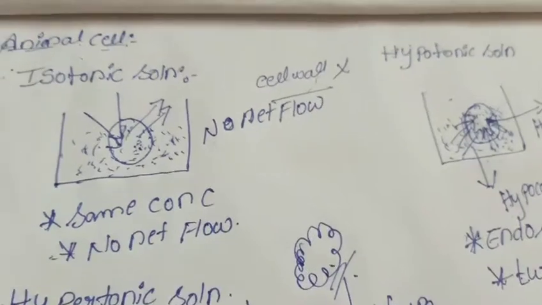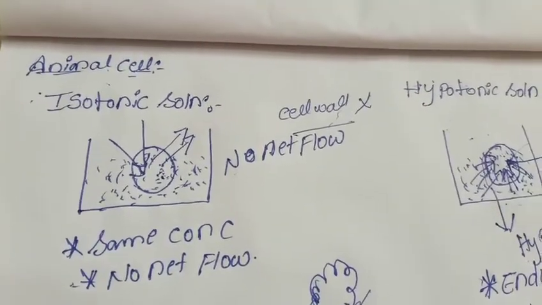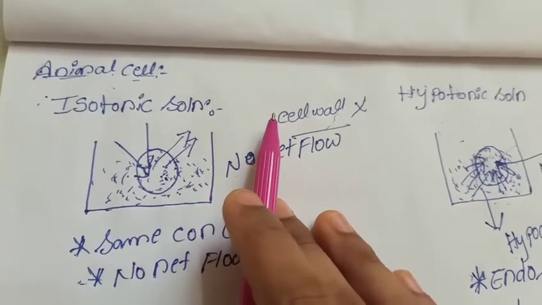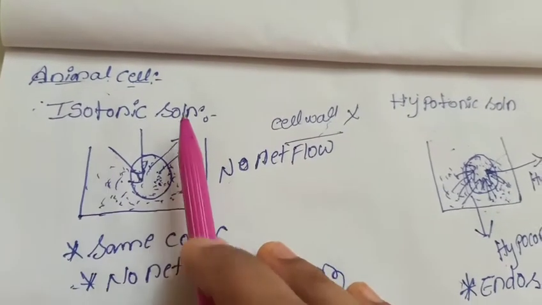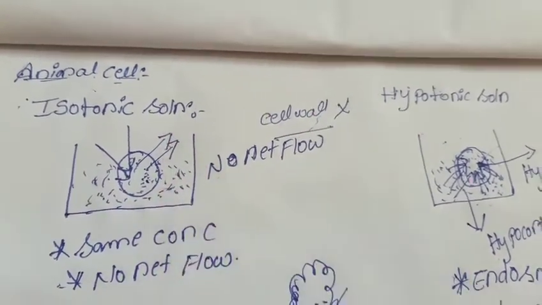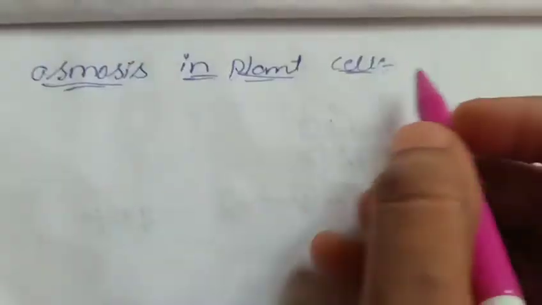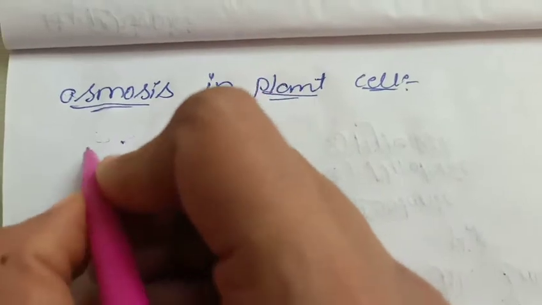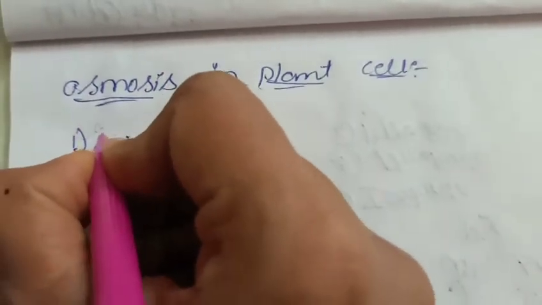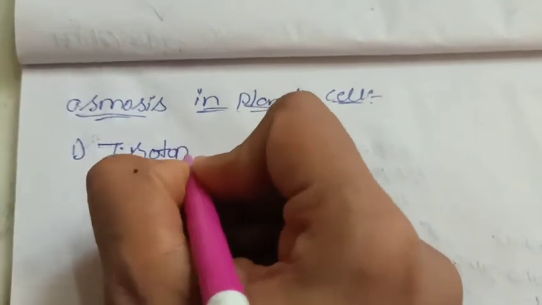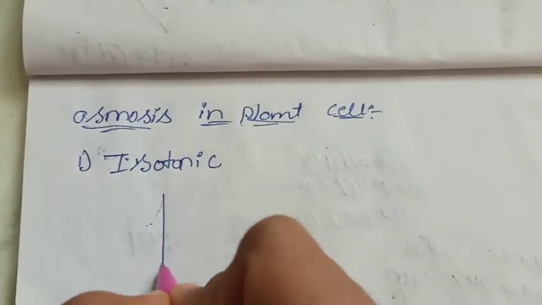Now I am explaining about the isotonic solutions in the plant cell. Now let us discuss these tonic solutions in the plant cells. First one is the isotonic solution in the plant cell.